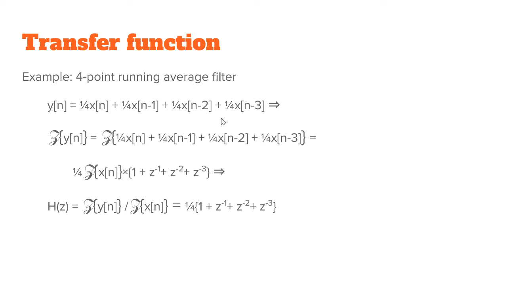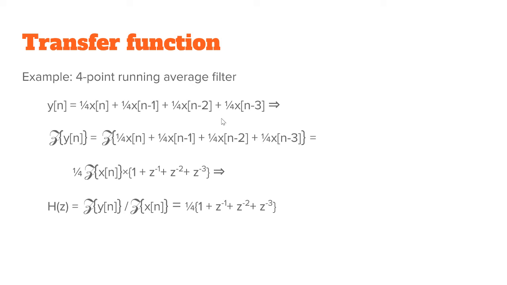Good. Which means that the z transform, or system transfer function, is simply the sum of k from 0 to 3 of 1/4 times z to the minus k. So we didn't make a mistake here.